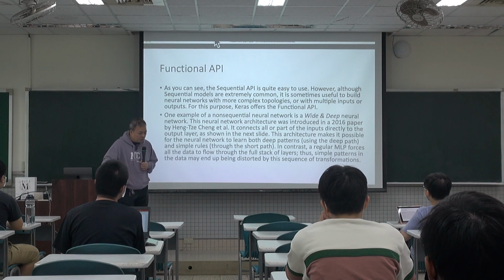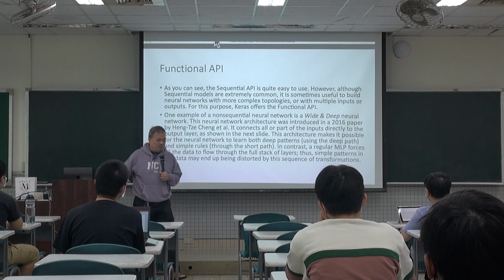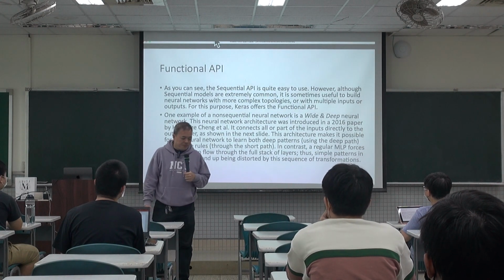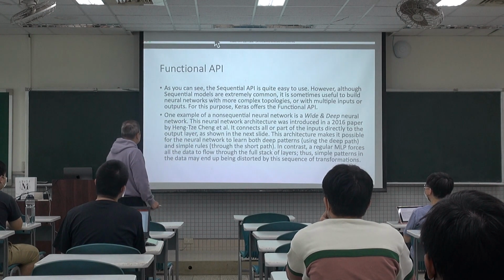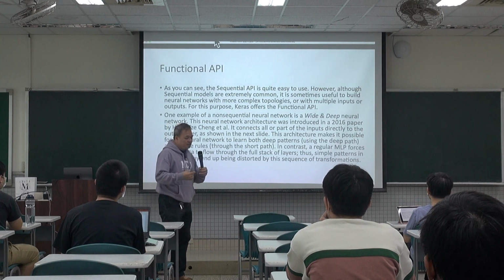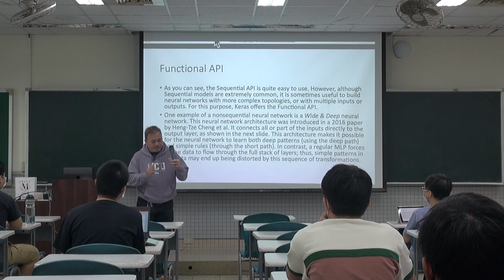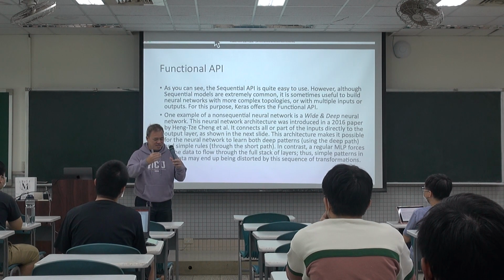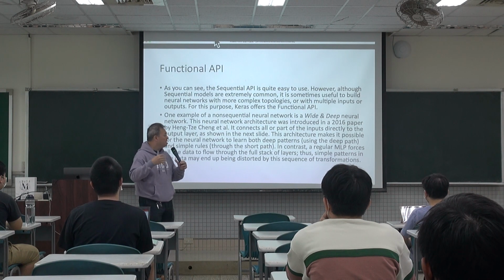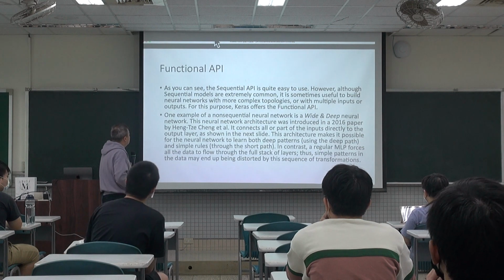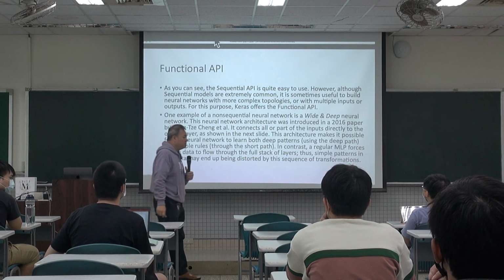But the sequential API is good only for what we call a simple model, in the sense that the model is only feed forward. You only have one path for the data processing in the model. If that's the case, the sequential API works pretty well.